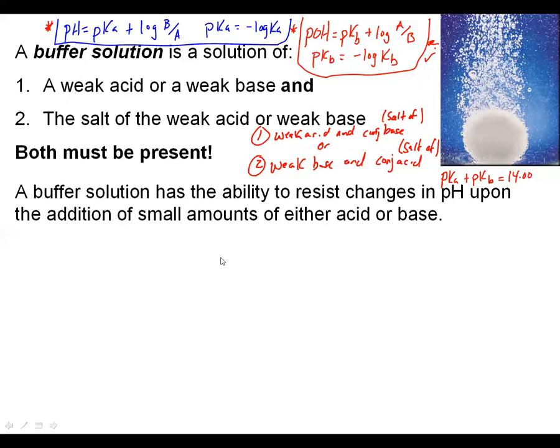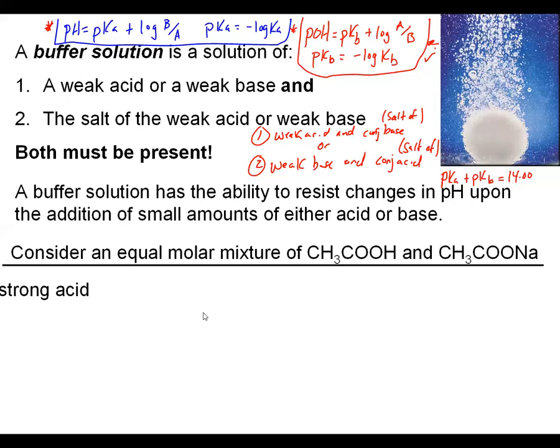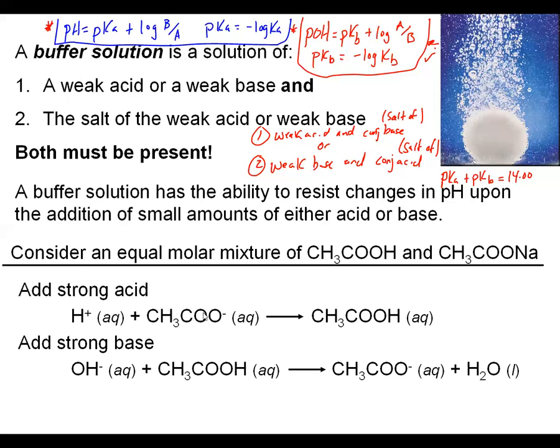So what a buffer is able to do is basically maintain the pH where it's at without these really large changes in the pH of that solution. It will go up and down a little bit, but not a ginormous amount. So let's talk about how a buffer works. We'll come back to this in just a second.